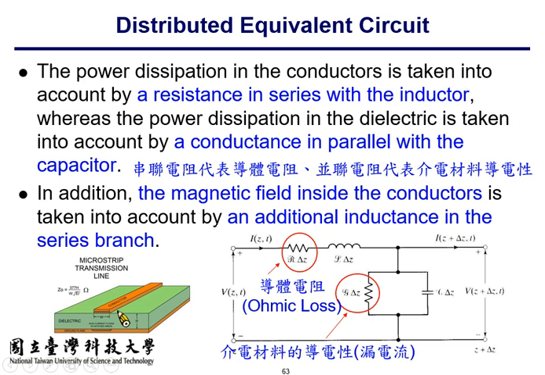To the left is an example of a microstrip transmission line. The ohmic loss is the resistance on these conductors, and this G stands for the conductivity of the dielectric substrate. In addition, the magnetic field inside the conductor is taken into account by an additional inductance in the series branch.